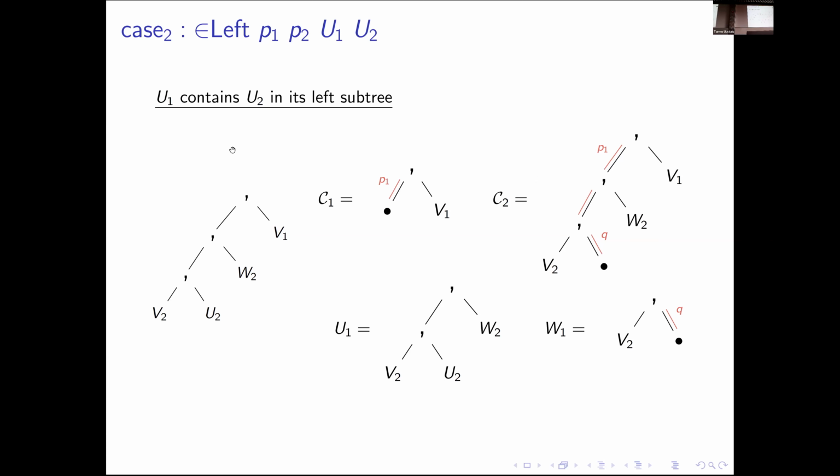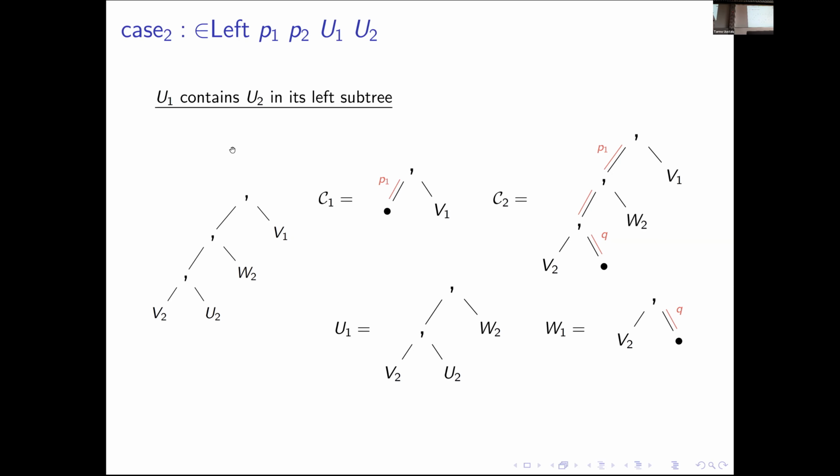Given this particular example, this U1, which is this part, has W2 as its right subtree, and you can see that its left subtree is actually W1 when we substitute U2 for the hole along the path Q.